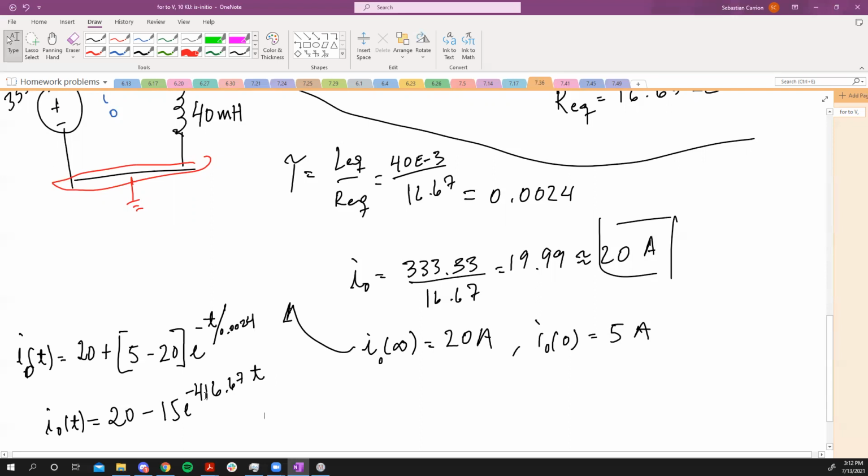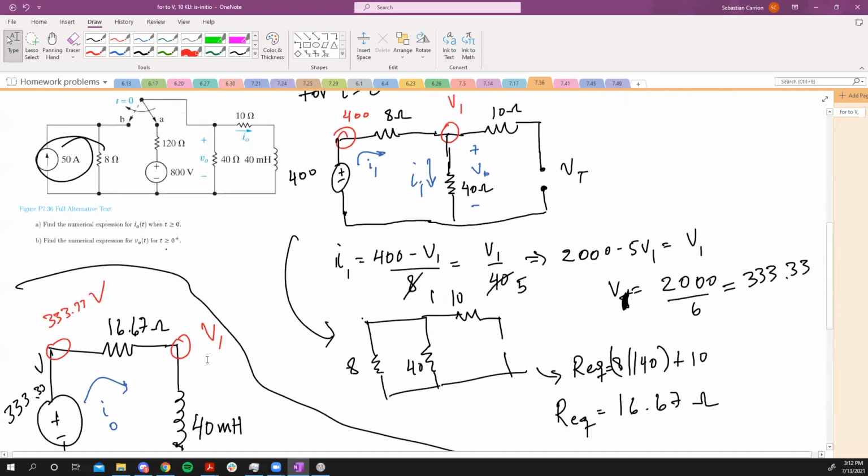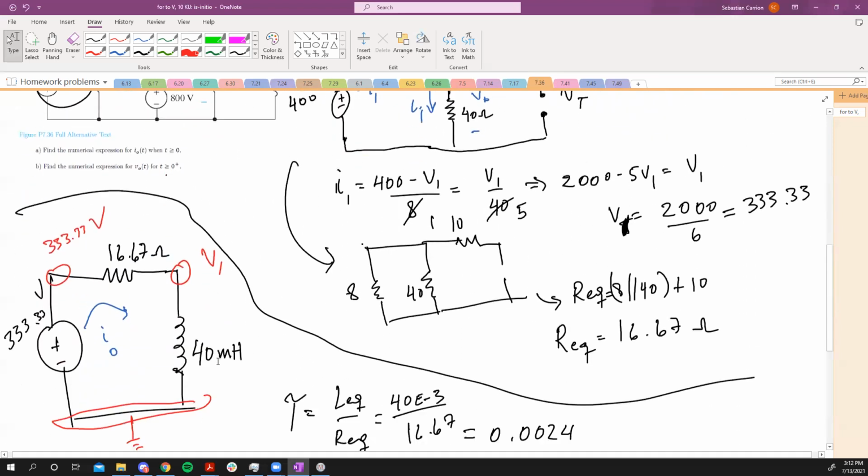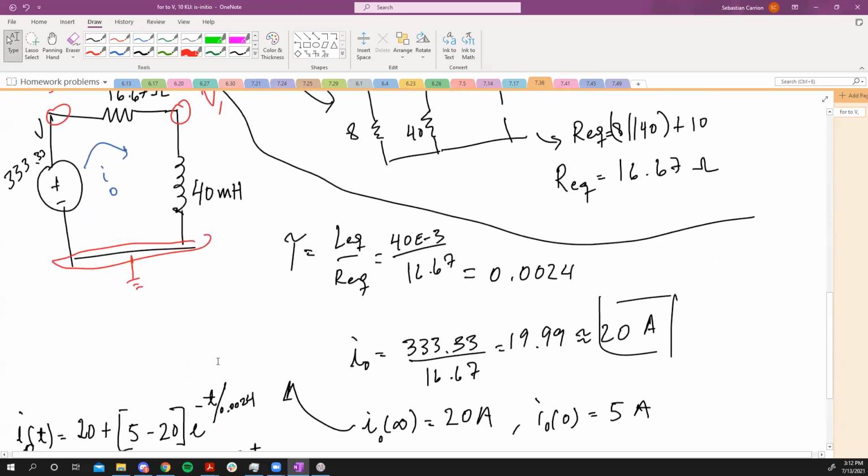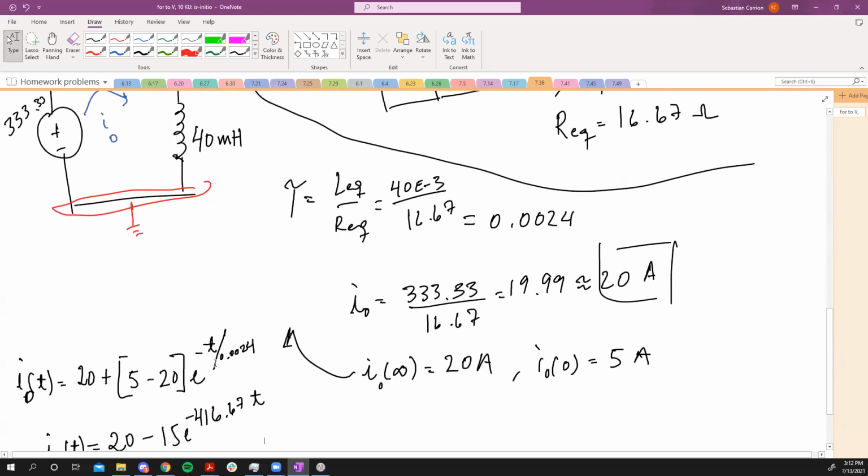So that's gonna be our I naught for t greater than 0.